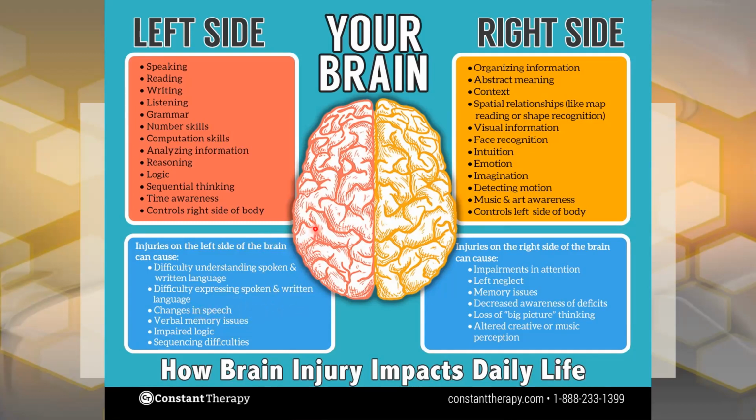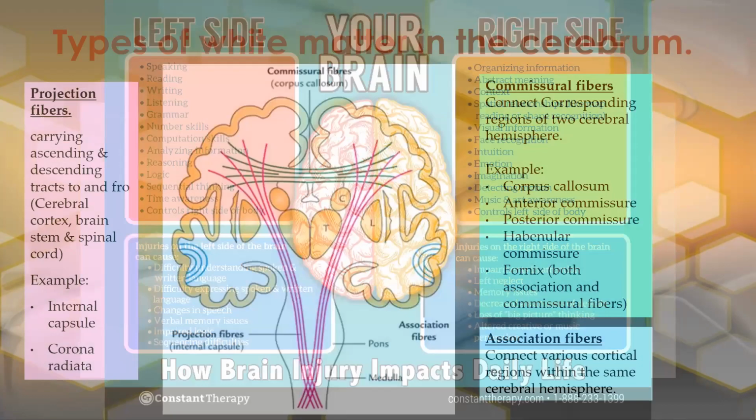So language is mainly the left brain. There are changes in speech, and memory will be slightly impaired. For the right side, there will be impairment in attention, memory issues, loss of big picture thinking, and altered creative or music perception.